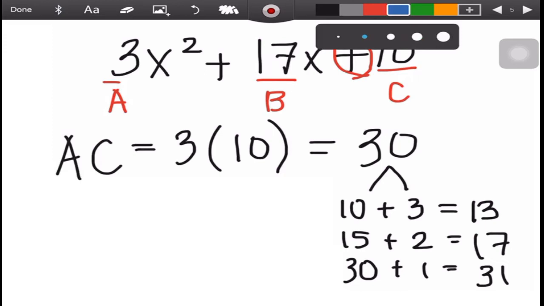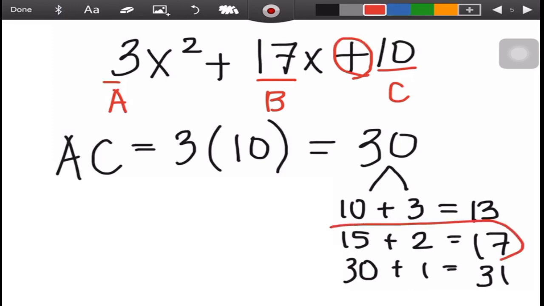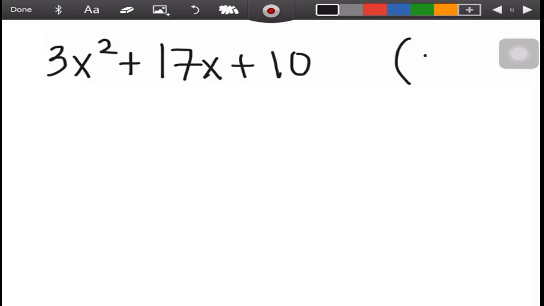Which pair will give you the middle term or the B? So the pair that will give us 17 is 15 and 2. So we will use 15 and 2. Next, let us write our given. And then we will use 15 and 2. So we will represent 17x using 15 and 2.